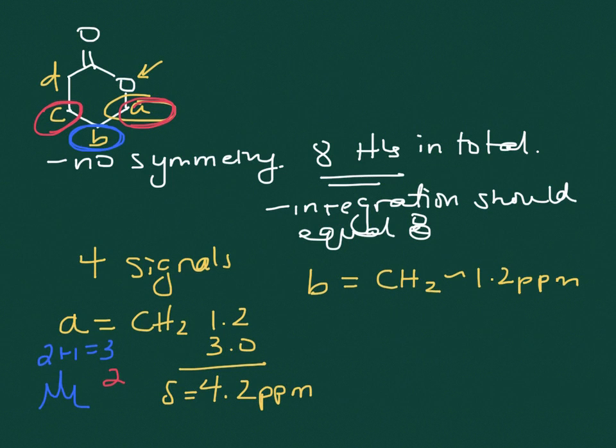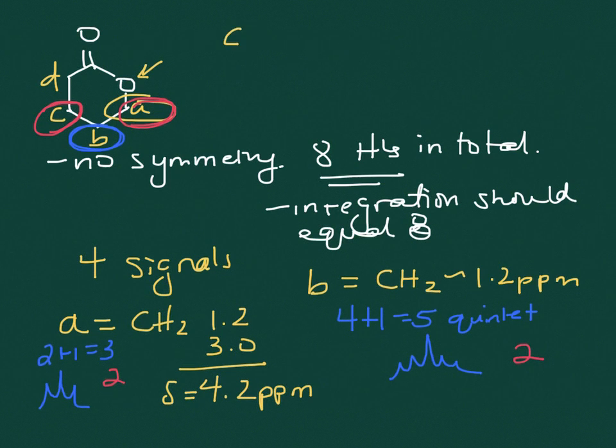So the splitting will be 4 plus 1 equals 5. So it will be split into a quintet. And again should integrate for 2 hydrogens.